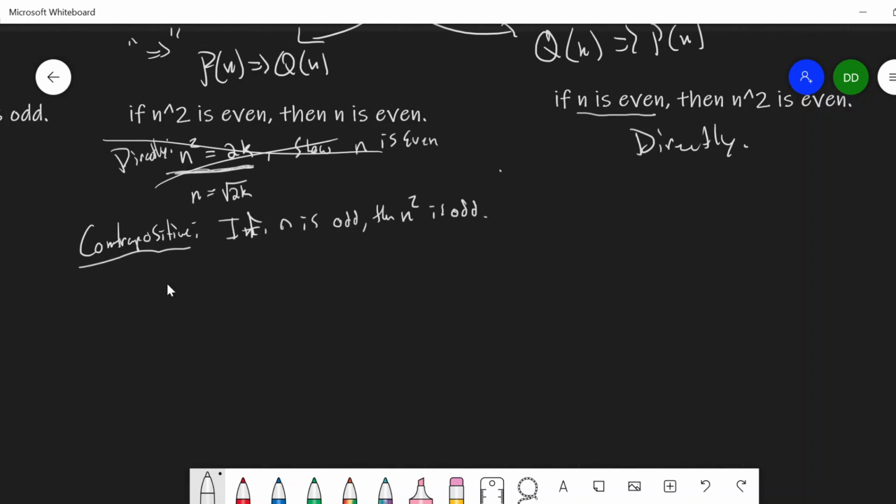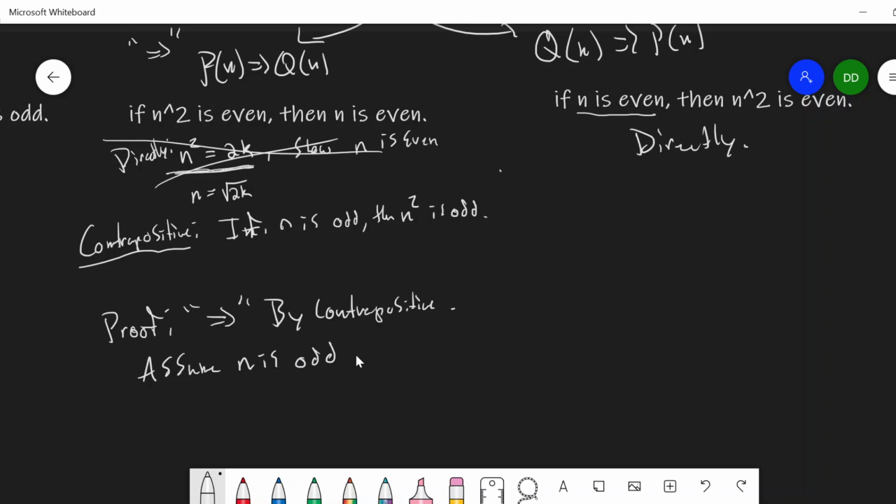So again, let's prove this. Proof. And again, I'll indicate here forward direction by contrapositive. So here I'll assume n is odd, then n equals 2k plus 1 for some integer k.